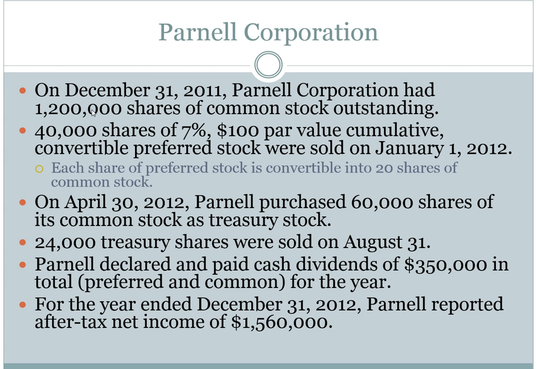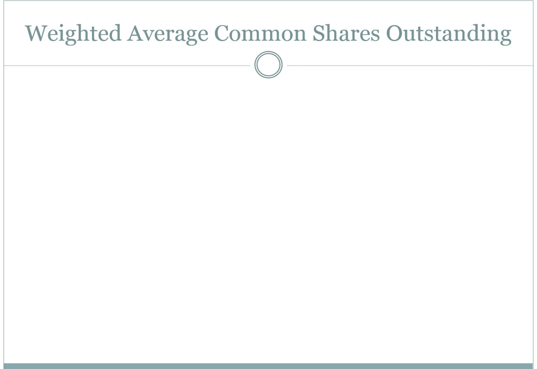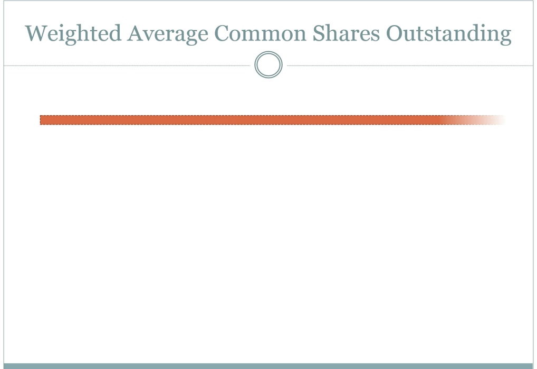The number of shares outstanding at any point in the year is changing because of various stock transactions. So we first need to determine the weighted average number of shares issued and outstanding, and we're going to do that by working with a timeline.